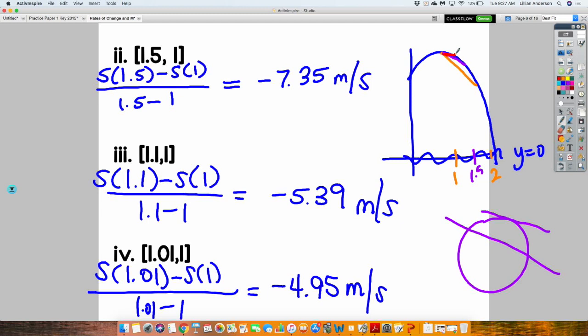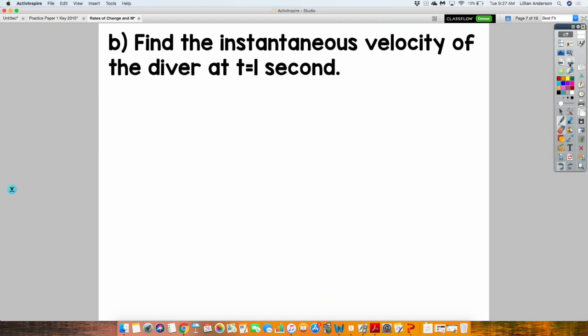So what's the derivative of e to the x? E to the x. But I'm not going to put an x. Negative t over 3. Then I multiply it by the derivative of the inside. What's the derivative of negative t over 3? Negative 1 over 3. So my derivative is negative 1/3 e to the negative t over 3.